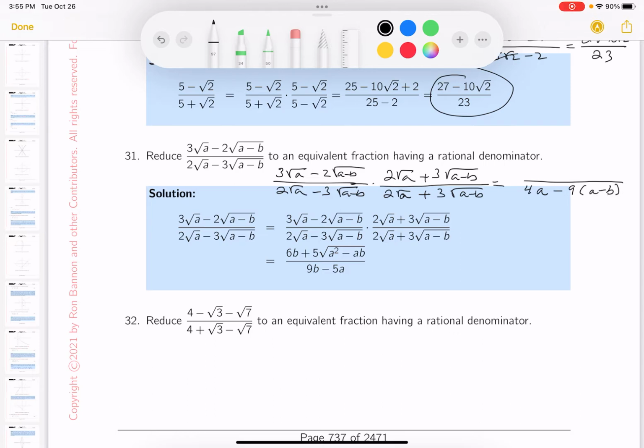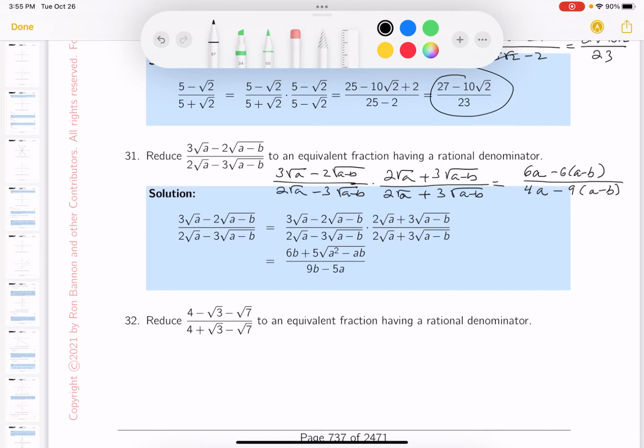I'll do that later. On the top, a little more complicated, and I'm going to go through it in stages for you. 3 root a times 2 root a is 6a. And I'm going to do the end parts, and that's going to be minus 6 a minus b. And the middle guys are the tough guys, right?